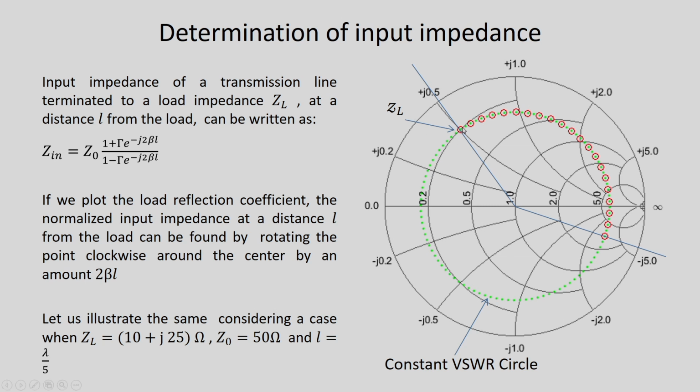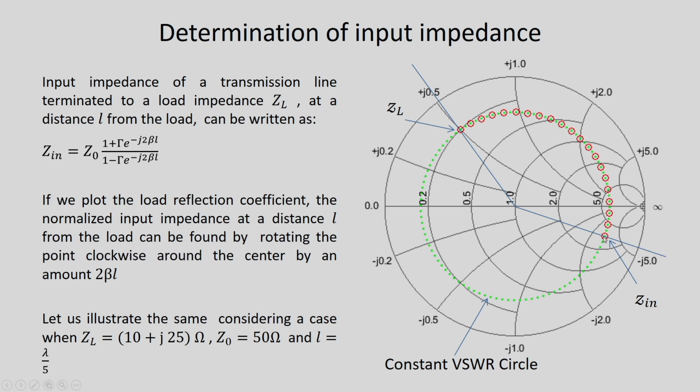Now, starting from this point, as we move along this constant VSWR circle, the movement is indicated by these small circles, and we reach this point. From the wavelength marking provided on the chart, you can find out this to be equal to lambda by 5 or 0.2 lambda starting from this point, and you stop here.